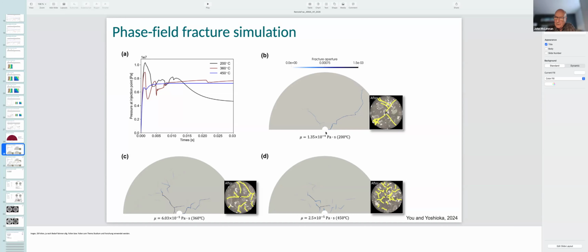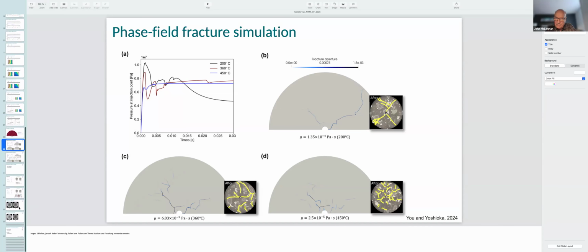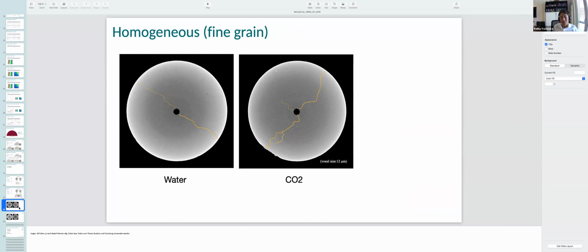Okay. And Wenching says thank you. The next question is from Quan Guo, who was wondering, in the experiment on the coarse grain sample injected with supercritical CO2, was the sample saturated with water before the injection? Yeah, thank you for the question.